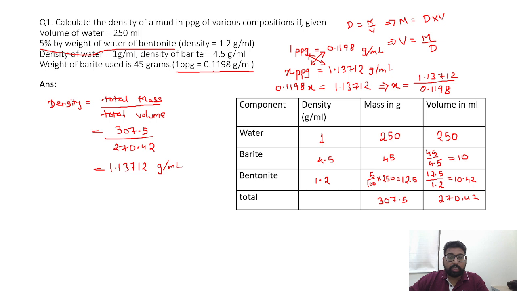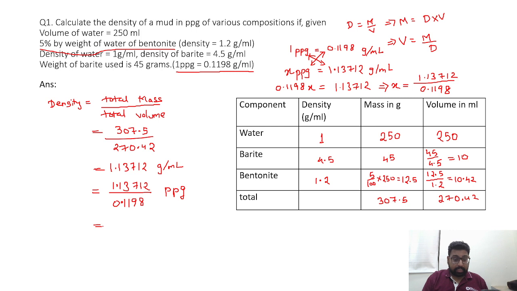So based on this unit conversion, to identify whether you need to divide or multiply, you write it in this manner. Okay, and then you identify that to get the value of x, I need to divide. So I am going to divide 1.13712 by the value 0.1198 to get the density in ppg.